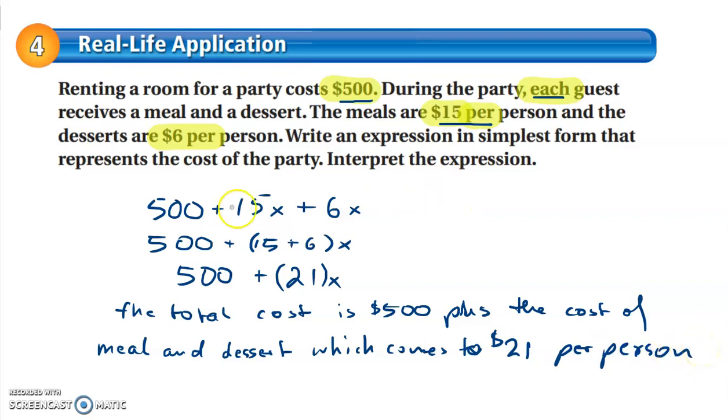There, that's my interpretation of what this means. The total cost, $500 plus the cost of a meal and a dessert, which comes to $21 per person.